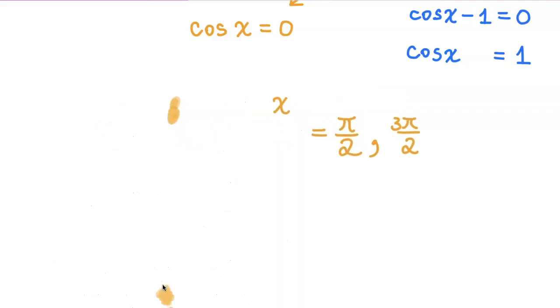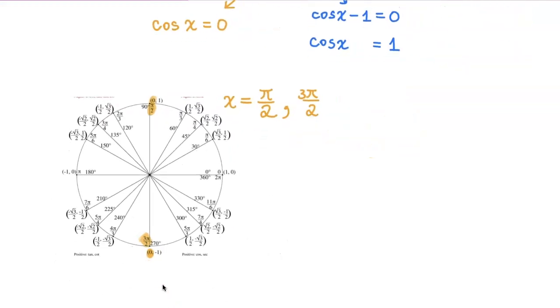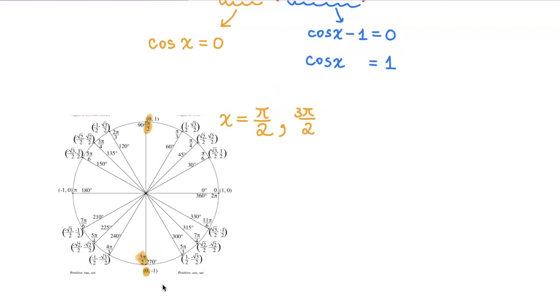Now let's go find the answer from this blue equation, okay? So this time we're looking for angle measures that have an x-coordinate of 1, okay? So when you go 1 to the right, we got the angle measure of 0 radian or 0 degree. So the first answer is x equals 0.